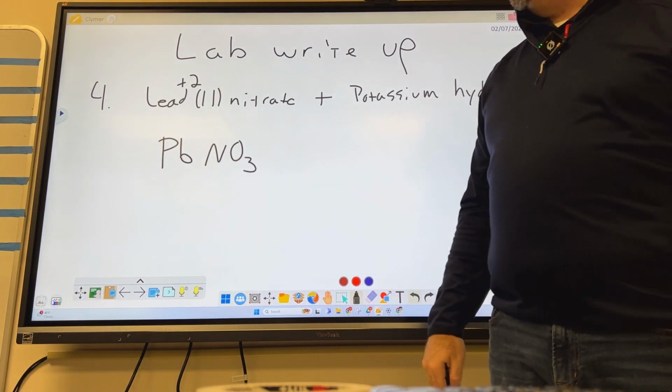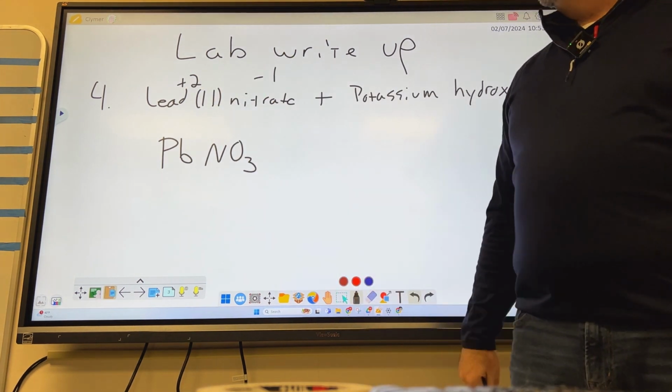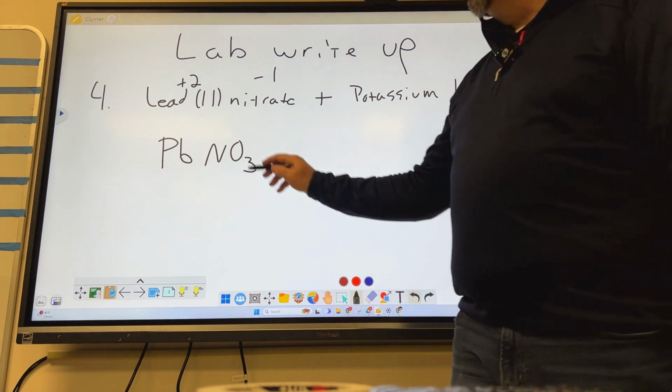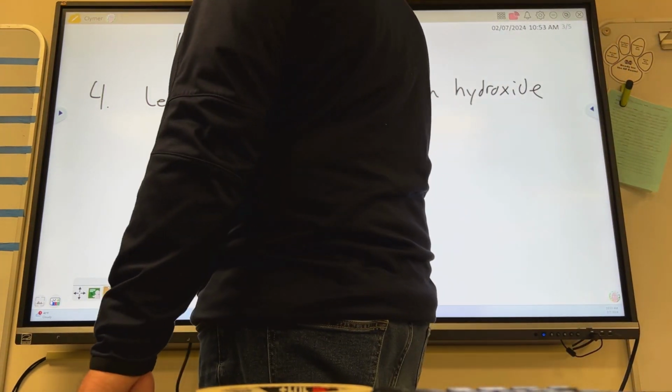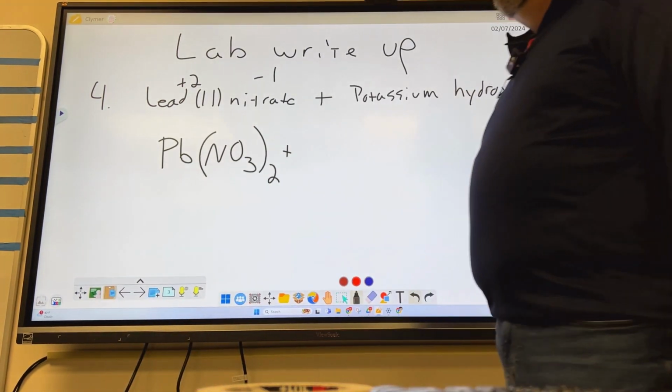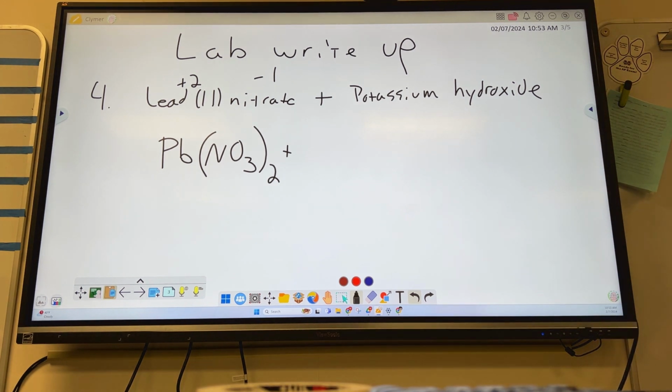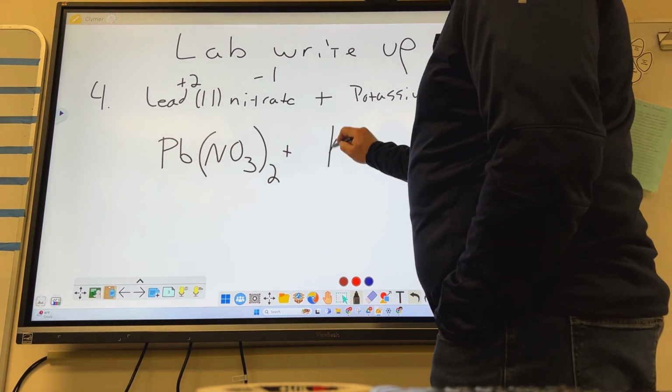What's the charge on nitrate? -1, crisscross. Right? Should all be able to get this far, no problem. What about potassium hydroxide? What is that going to look like? KOH.